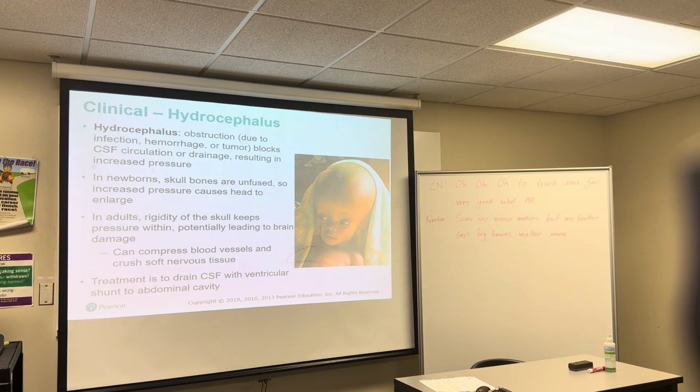In newborns, skull bones are unfused, so increased pressure causes the head to enlarge. In adults, the rigidity of the skull keeps pressure within, potentially leading to brain damage, and can compress blood vessels and crush soft nervous tissue. Okay, very, very fatal. Treatment is to drain cerebrospinal fluid with a ventricular shunt to the abdominal cavity.